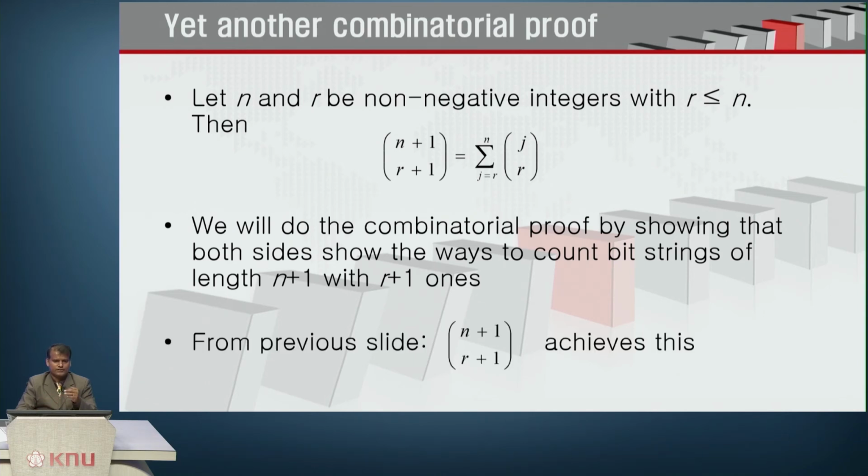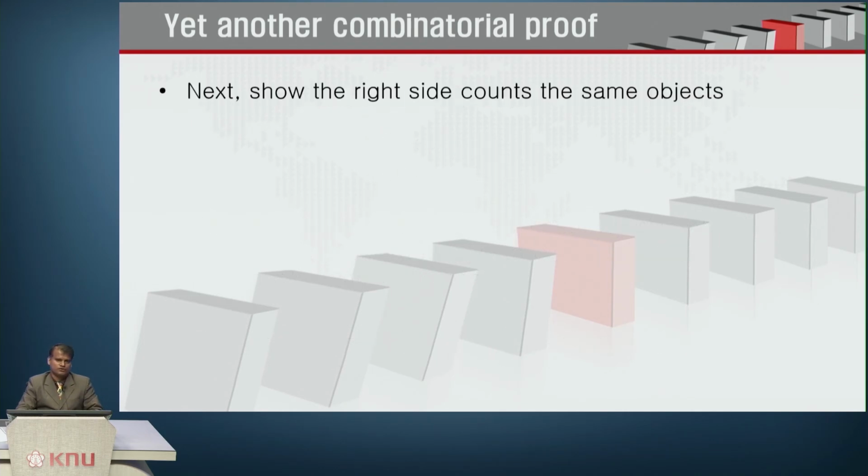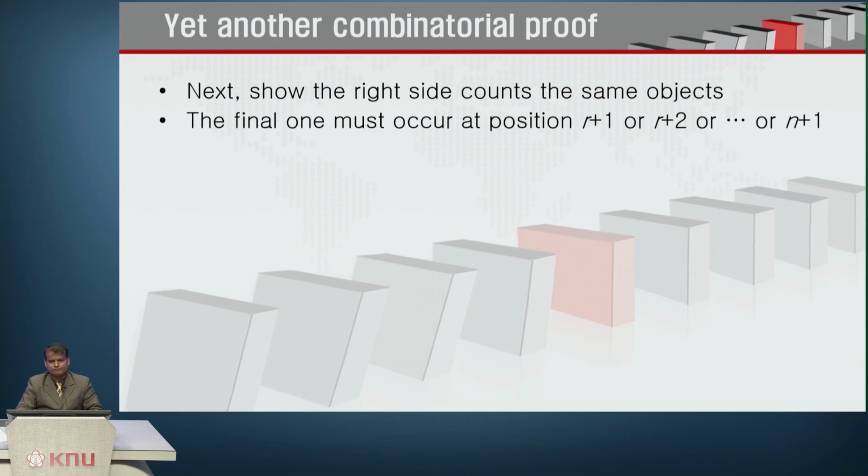In the previous slides we saw an example, and in fact you can apply a similar approach to see whether you get the same results. As a next step, you can show that the right side counts the same object. The final 1 must occur at position r plus 1, or r plus 2, or r plus 3, up to n plus 1.